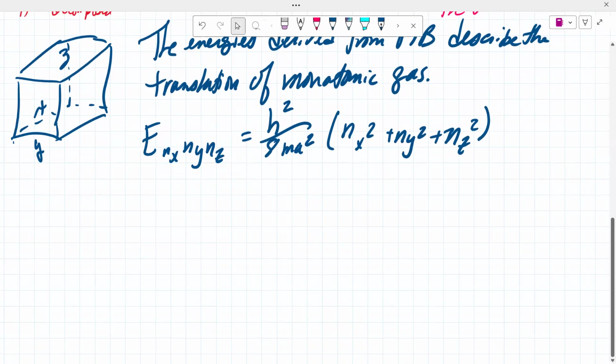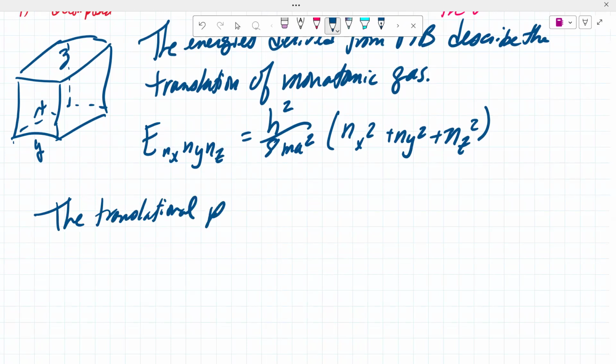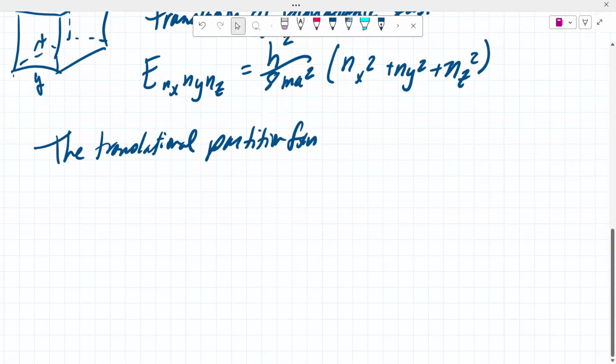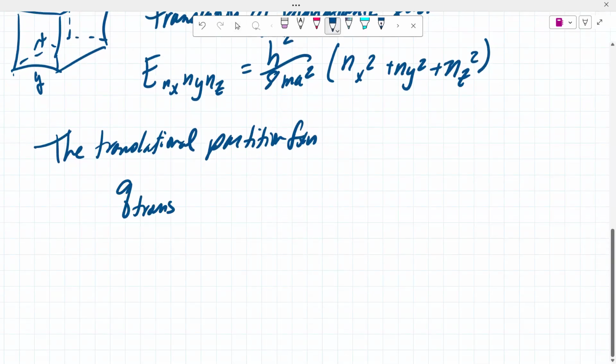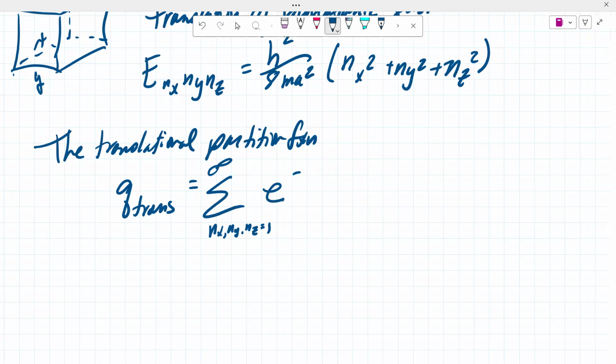So the translational partition function then can be written like this: q trans equals the sum over nx, ny, nz, starting from 1 to infinity, of e to the negative beta times the energy with subscripts nx, ny, and nz.